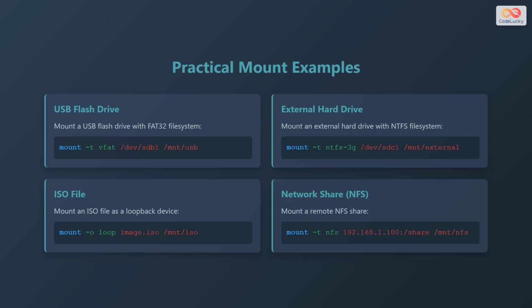To mount an ISO file as a loopback device, use the command mount -o loop image.iso /mnt/iso. To mount a remote NFS share, use the command mount -t nfs 192.168.1.100:/share /mnt/nfs.